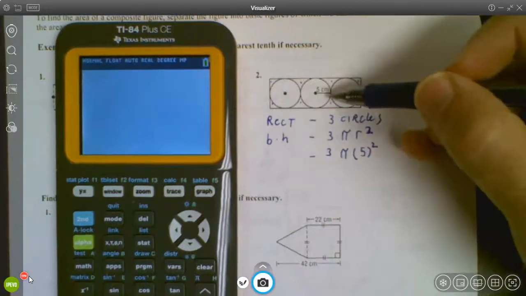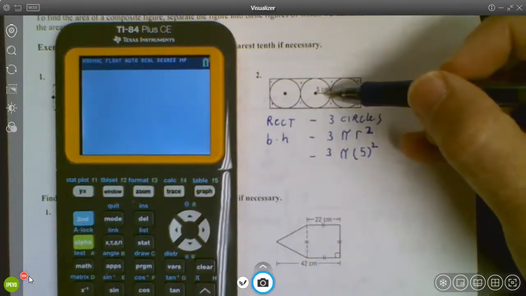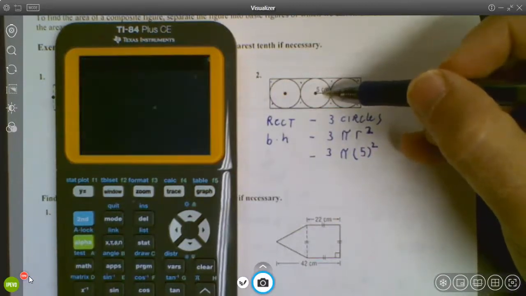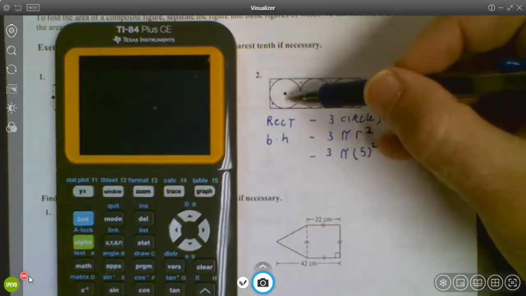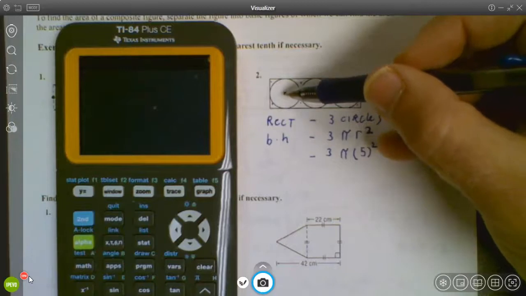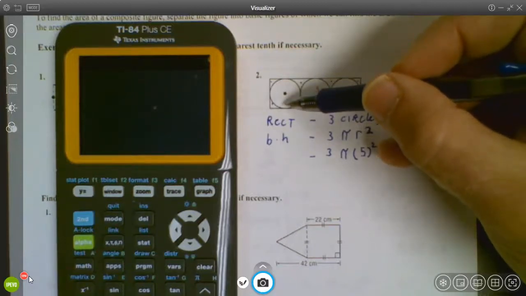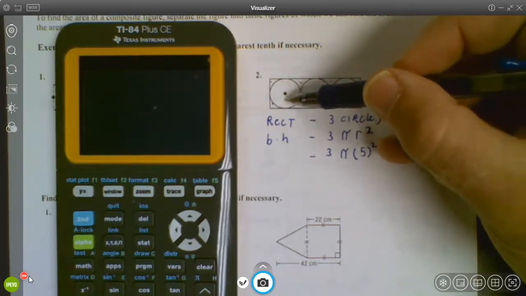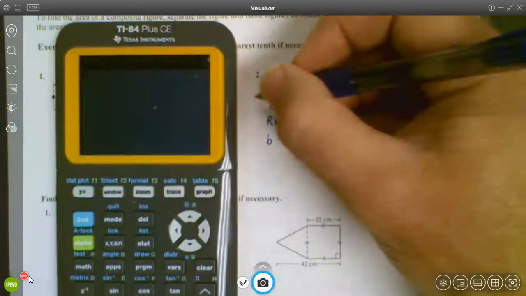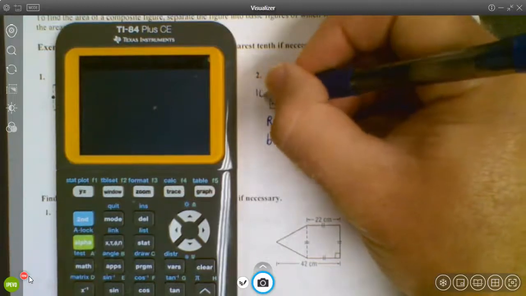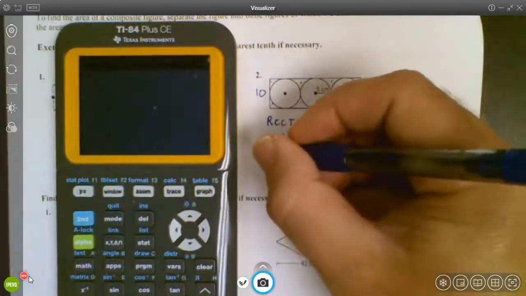Remember, guys, if the radius is 5, what would the diameter be? It'd be 10, right? And you can draw those anywhere, so including from bottom to top. So if my radius from here to here is 5, that means the diameter from bottom to top would be 10. And that's what we're seeing right here, is this would be the same as the diameter of that circle. So there's one of our values.